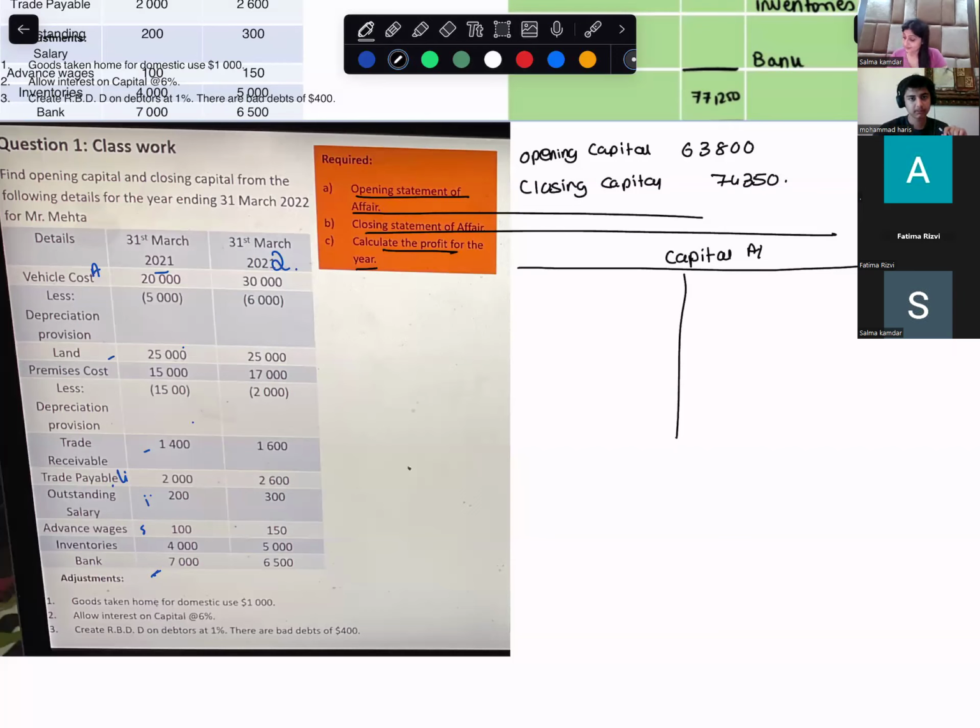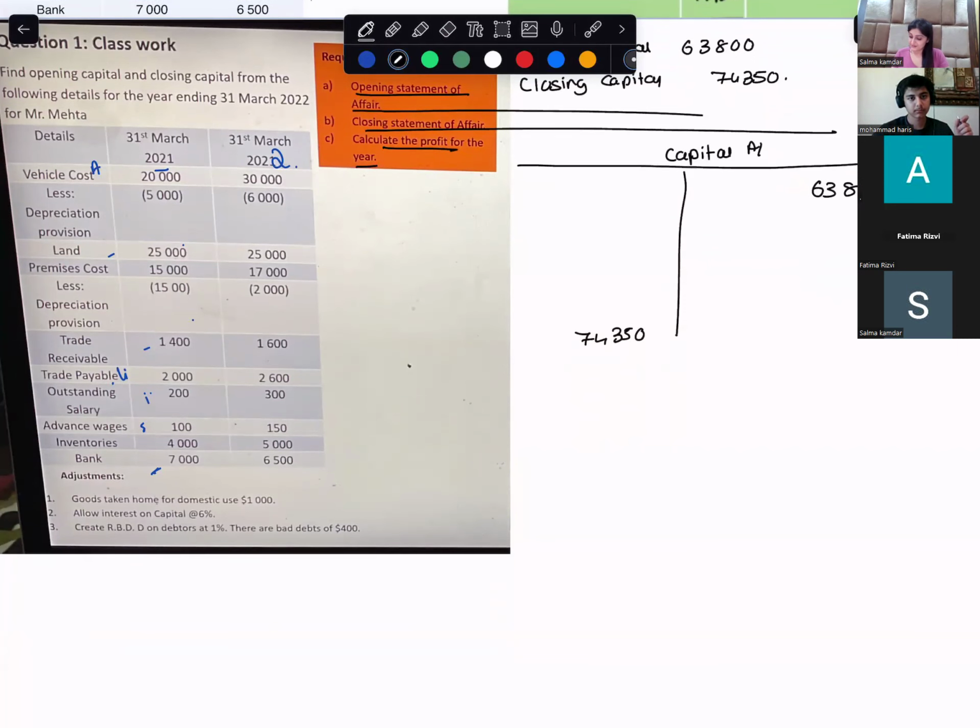On the credit side. Lovely. Where will I write my closing capital? On the debit side. That is how much? 74,350.